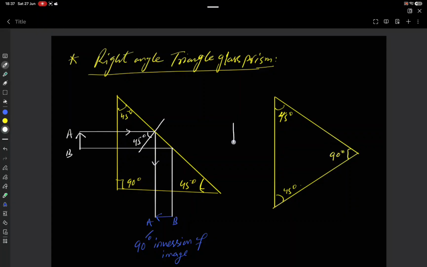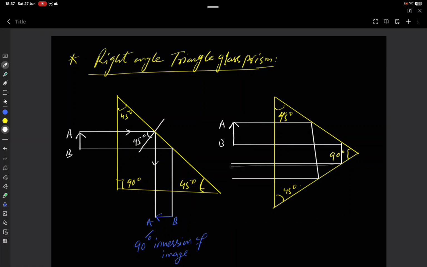So if we have the object AB, the light ray travels, and again total internal reflection occurs. So what will happen? This one is the image. So 180-degree inversion. So the image is inverted.